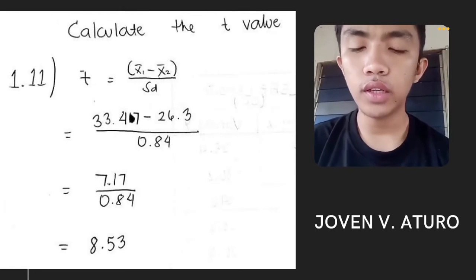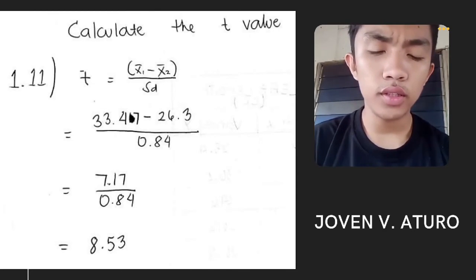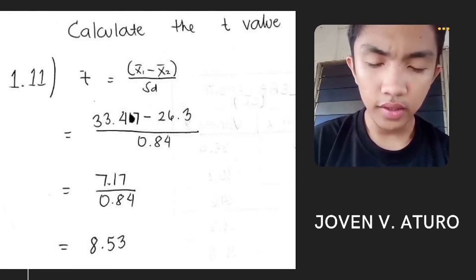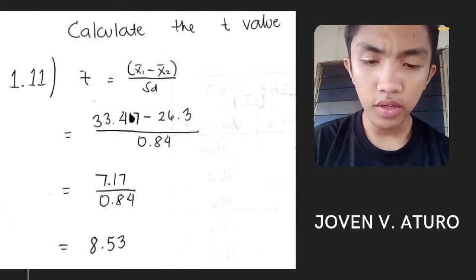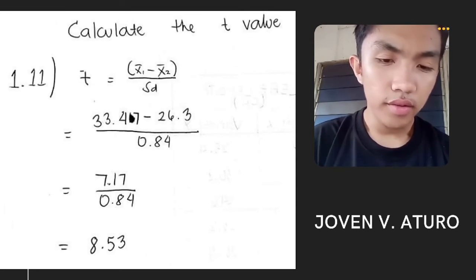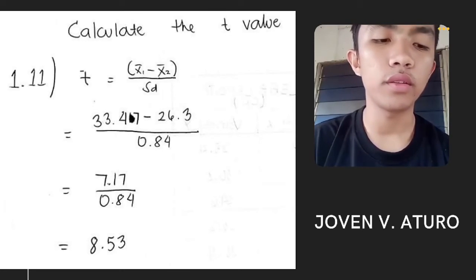In 1.11, the question is we have to find the t-value. The symbol x1 symbolizes the sample mean of variety x, and x2 symbolizes the sample mean of variety y.